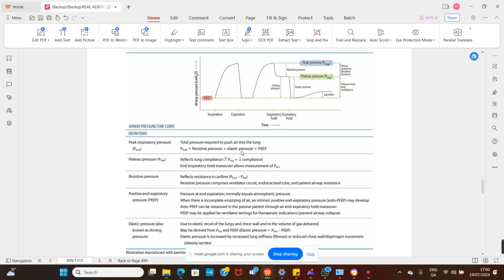So if something is reducing the compliance, you need to increase your plate pressure, because it is your plate pressure that will help you overcome elastic pressure to make it stretch. So if the lung has low compliance, it doesn't want to stretch, it means you have to increase your plate pressure to stretch it. So your plate pressure is a reflection of lung compliance. The lower the compliance, the higher the plate pressure you have to deliver.